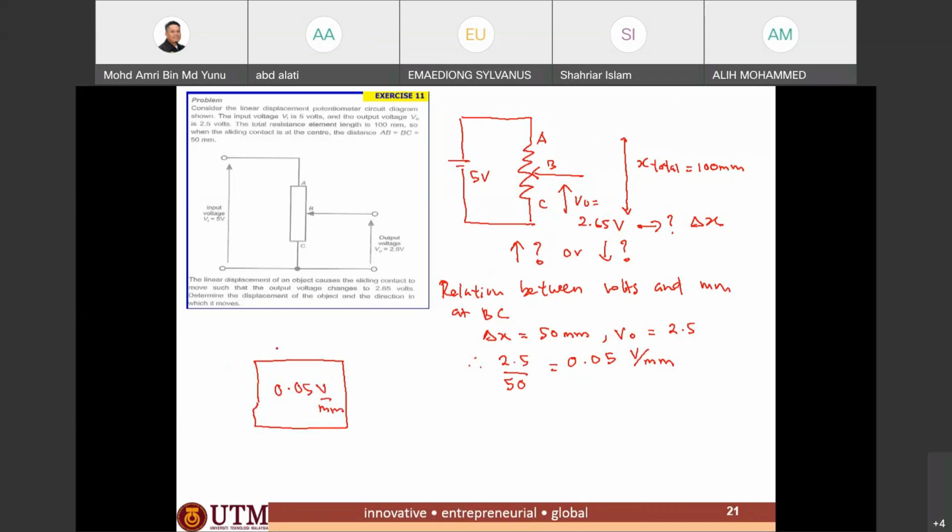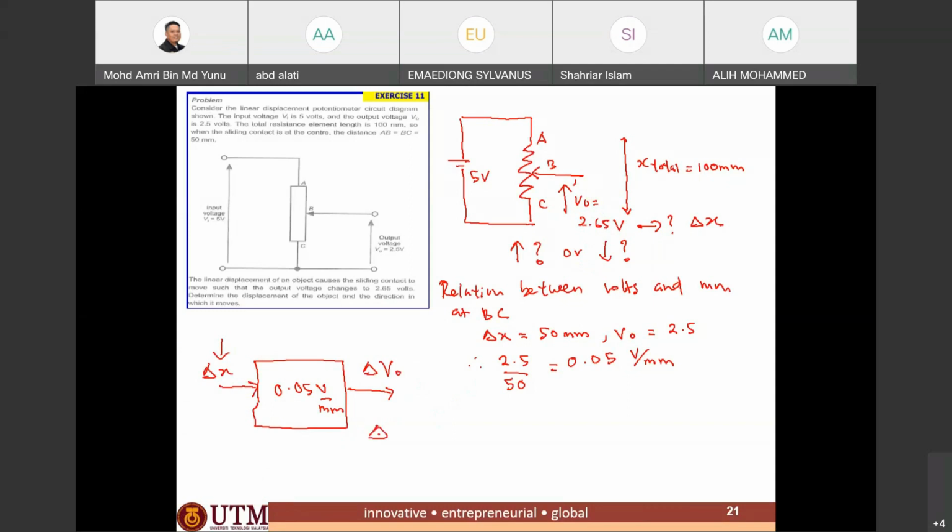So what is the change when the output is changed from 2.5 to 2.65?